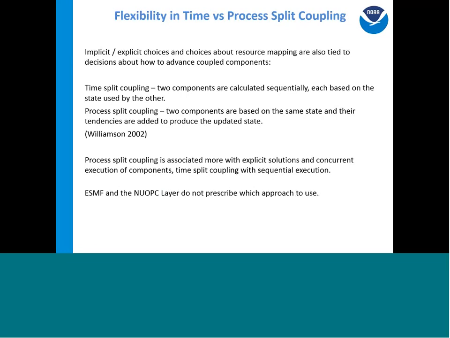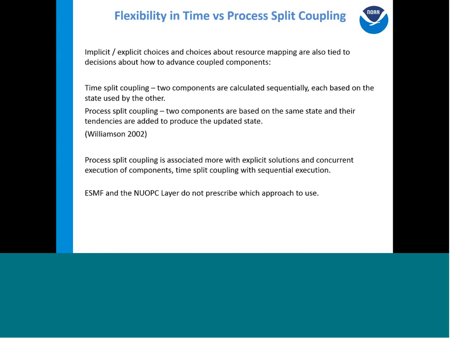And this decision about whether you run components concurrently or sequentially also factors into how you combine the somewhat artificial splitting of the processes that occur in any model. So the implicit, explicit choices and the choices about resource mapping are also tied to decisions about how to advance coupled components.